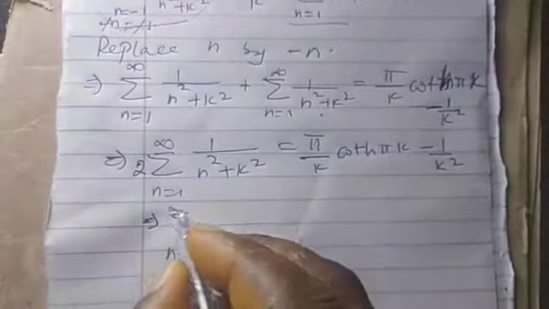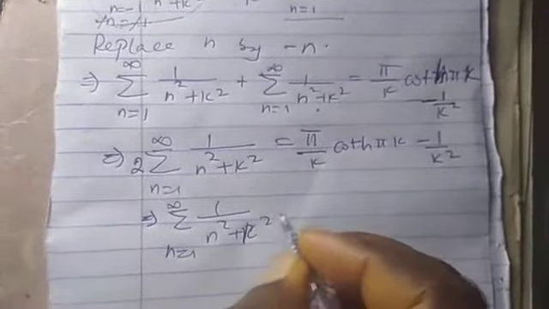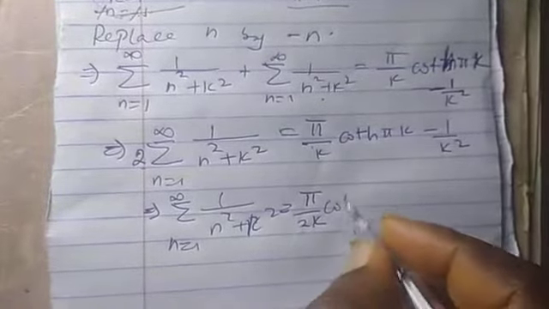So from this place, n runs from 1 to infinity, the sum will now be, transferring this to the other side, pi over 2k coth pi k minus 1 over 2k squared.